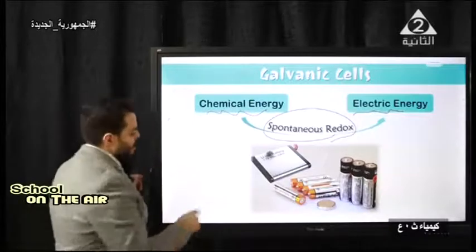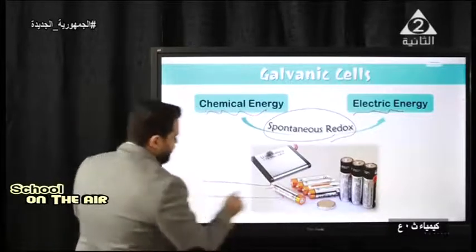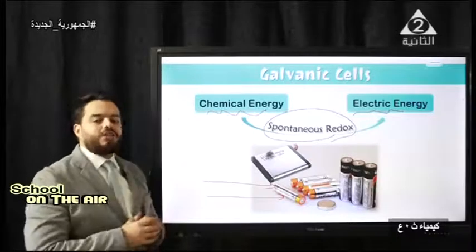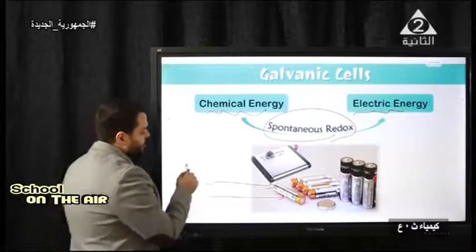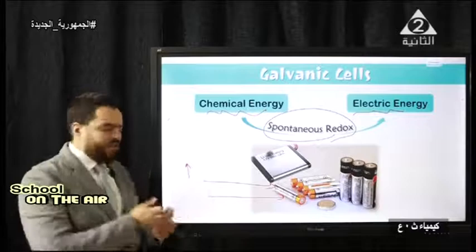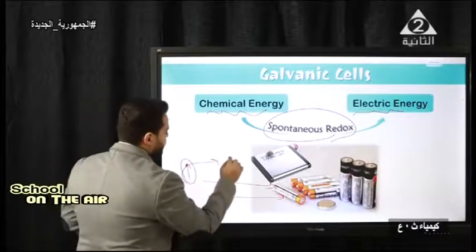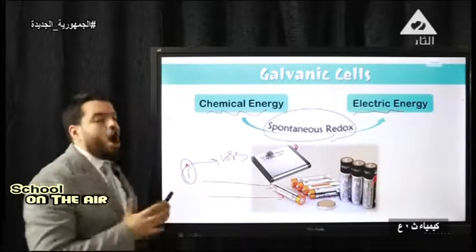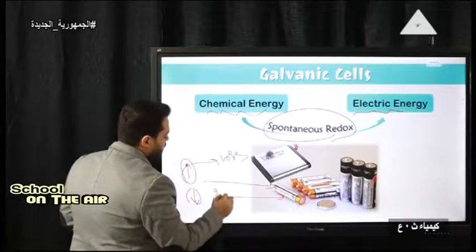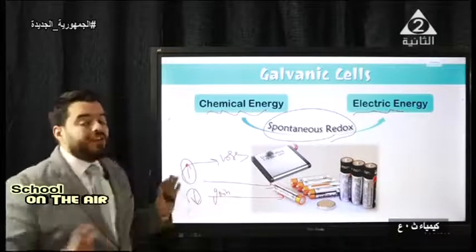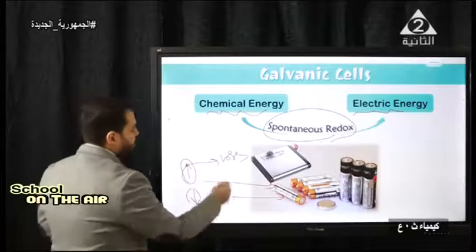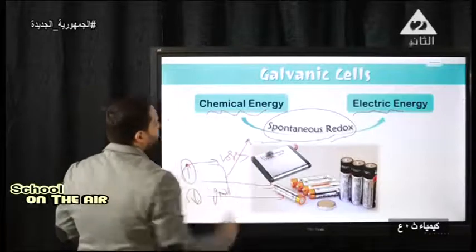All you are doing is putting two metals together in the battery, and by connecting it to a closed circuit, the atom with the higher oxidation potential, the atom which has the higher tendency to lose, is going to lose, and the atoms which have the higher tendency to gain are going to gain. So by spontaneous we mean without any interfering, the redox reaction will happen and it will produce the electric energy.